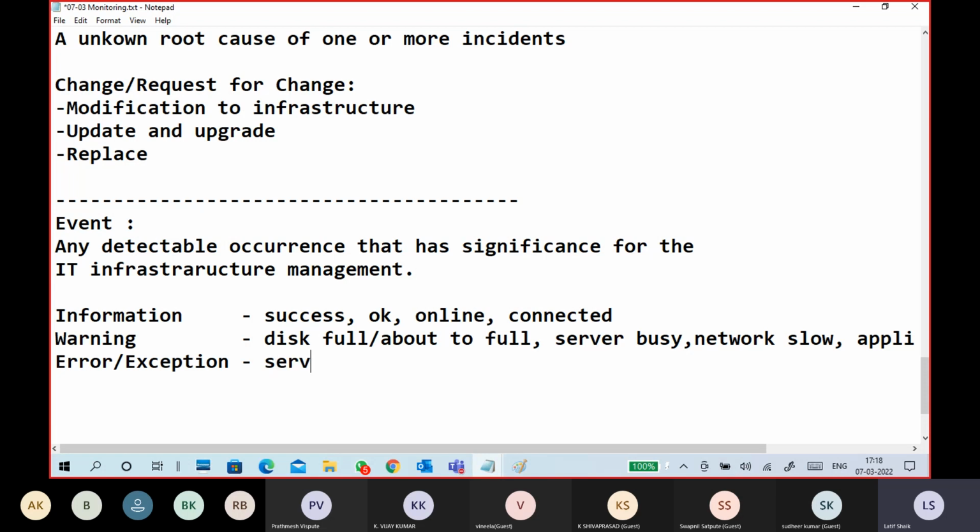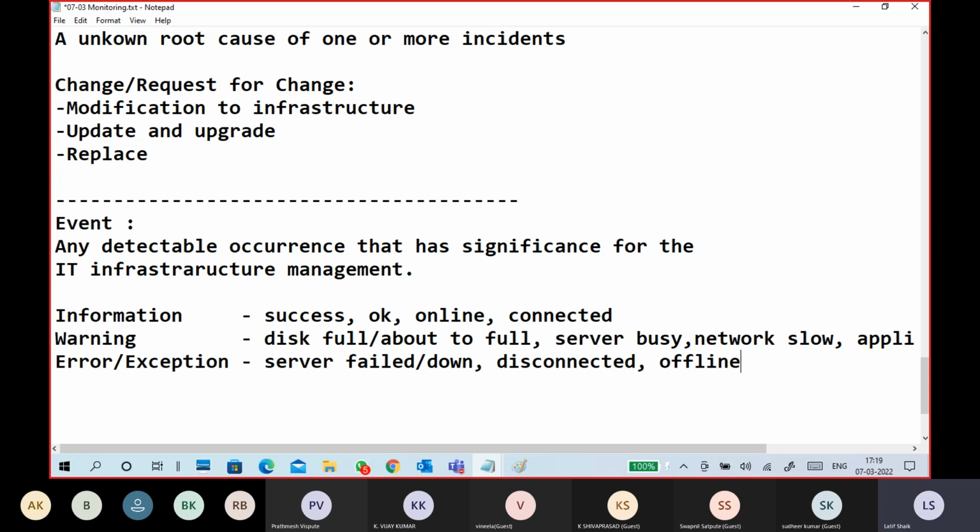Exception: server failed, everything failed. Words usually used are failed or down, disconnected, offline.